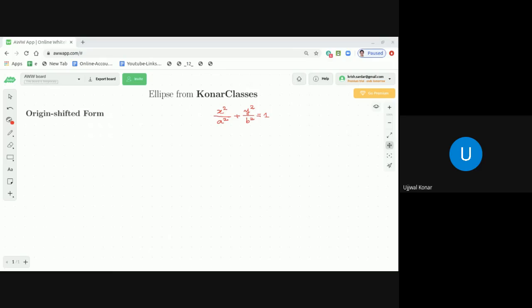Now, when we move the center from origin to the point alpha comma beta, then what will be the equation?